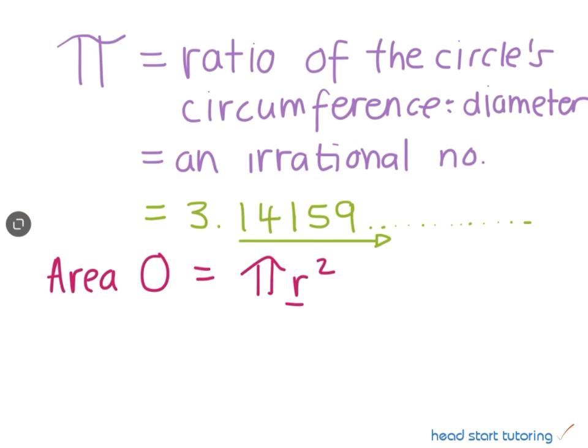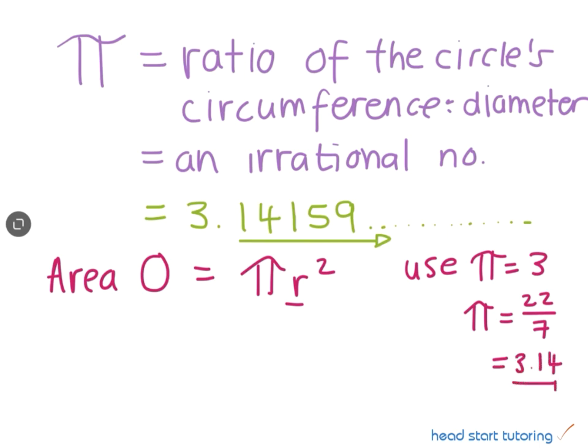Because pi is an irrational number, we are often asked to use pi equal to 3. We'd probably first start with pi is equal to 3, or when we move on, we might use pi is equal to 22/7, or pi is equal to 3.14, which means we've just rounded it off to 2 decimal places.